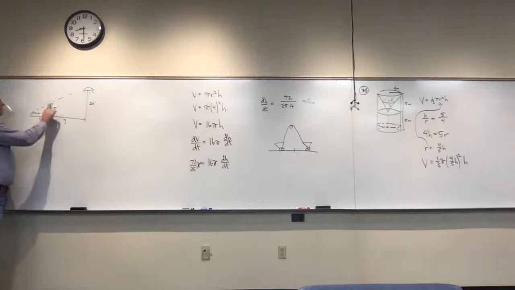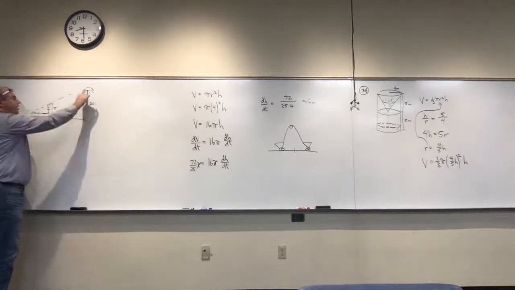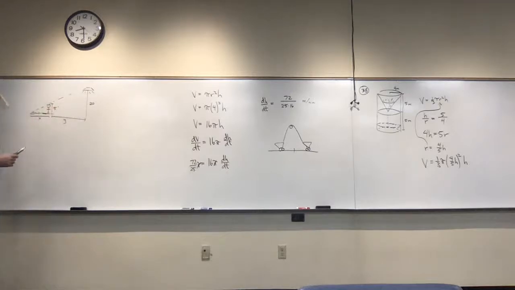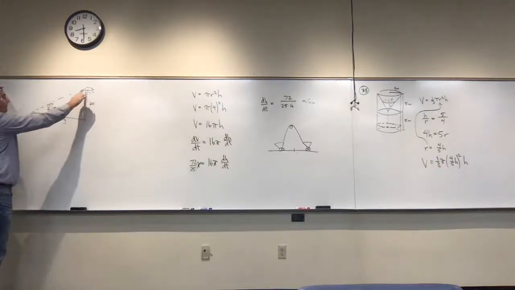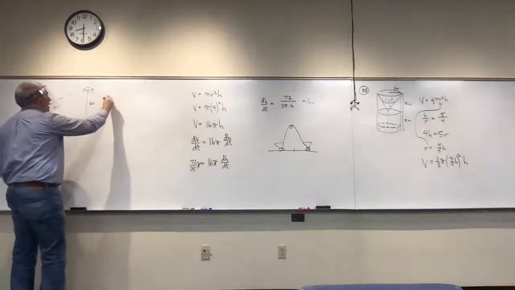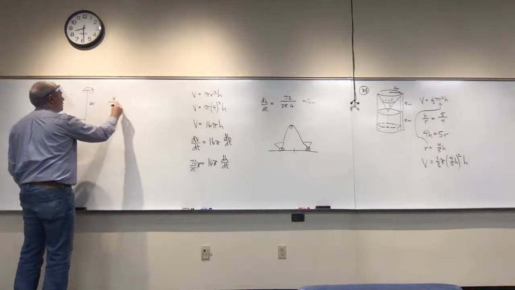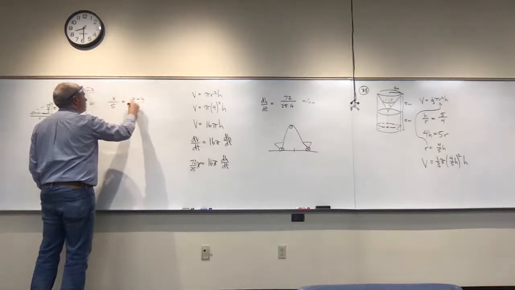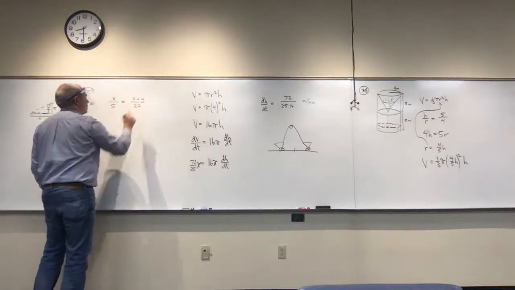We have this triangle and the big triangle here. So I can set up an equation using similar triangles: x divided by 5 is the same as x plus y divided by 20. So x over 5 is the same as x plus y over 20.